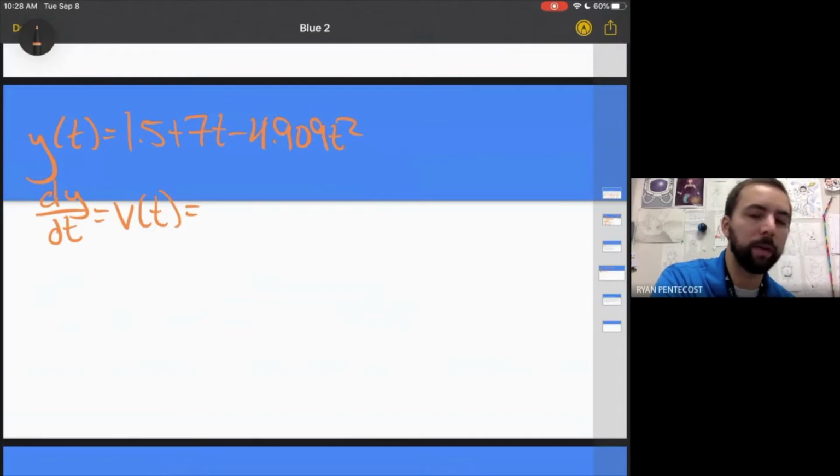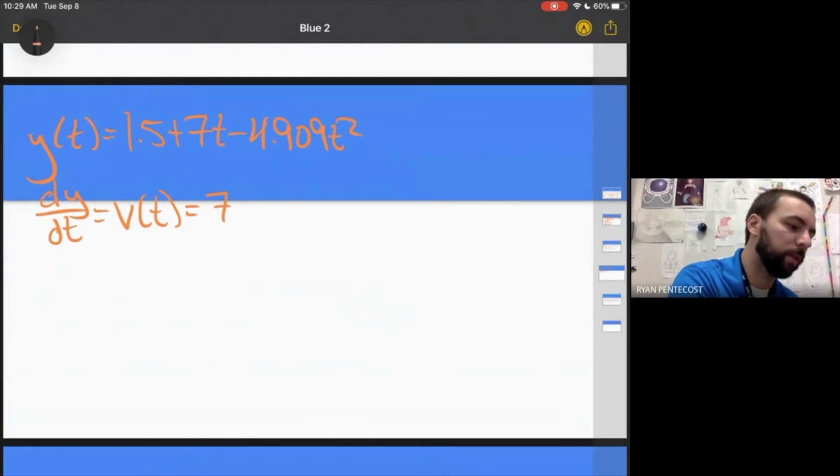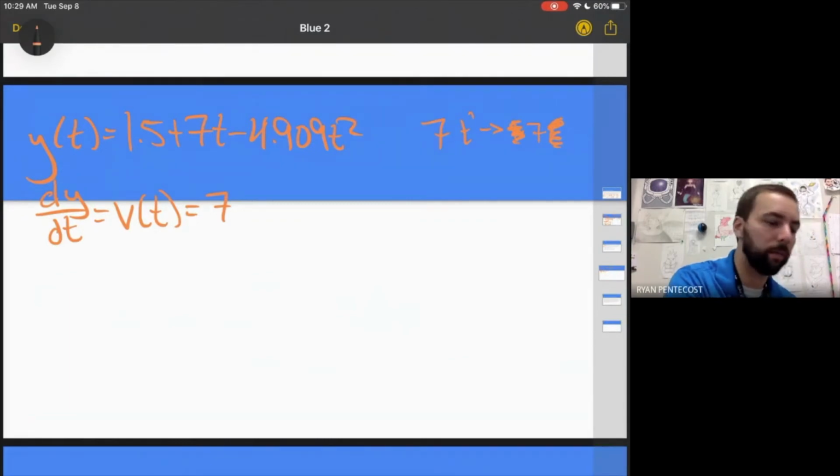Now the derivative of 7t: you assume that t alone has an exponent of 1, so you bring that down, you've got 7 times 1 is 7. Then t to the 0 power would be 1, so you just have 7.